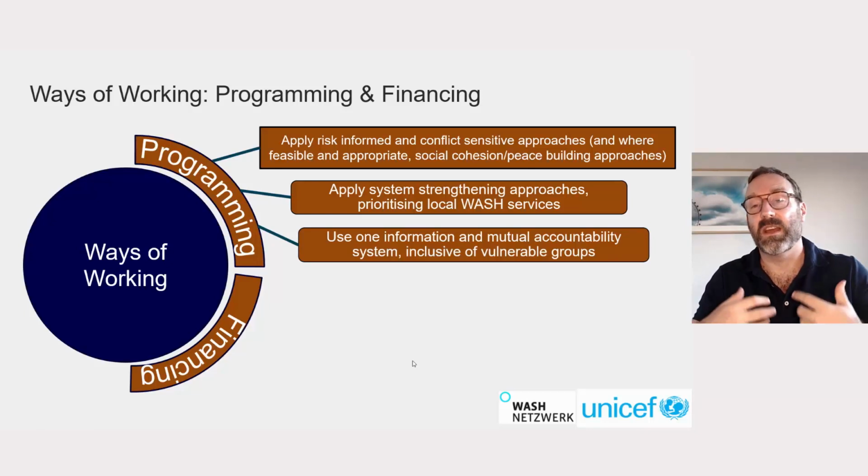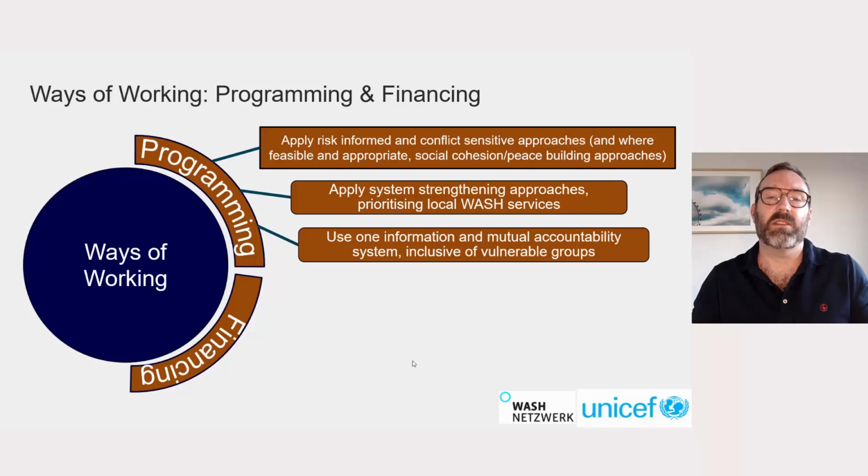So this is ensuring that there's accountability to affected populations, but also that the information on service delivery and infrastructure is passed down to humanitarians during crisis, that they understand the systems that are there and respect those and use those where feasible, and that information is passed back to development partners as they move out of crisis.